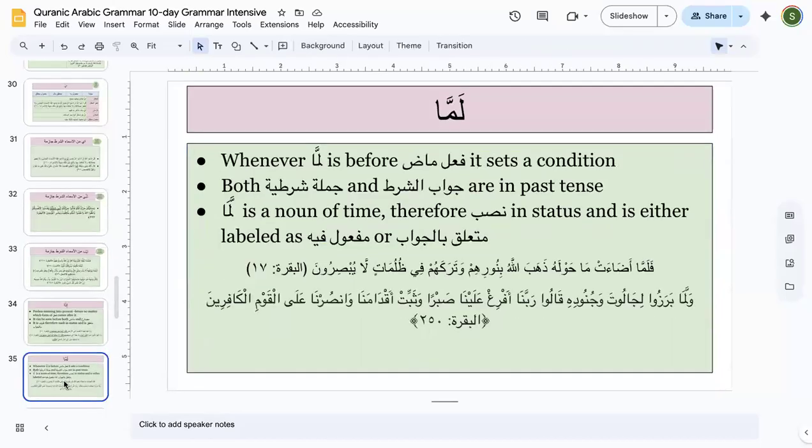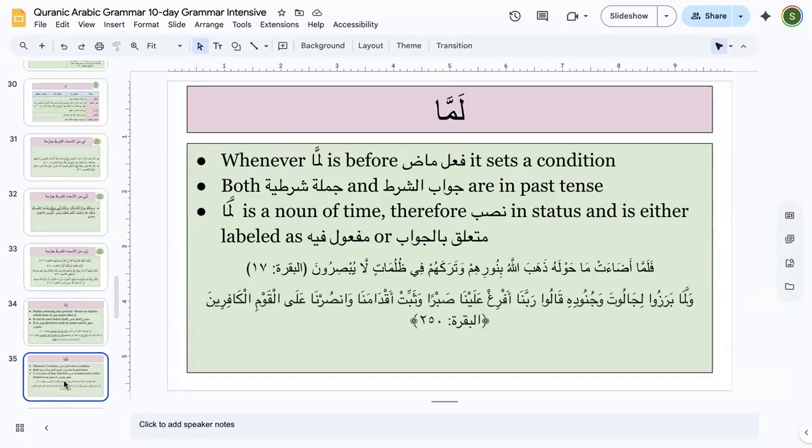Lamma, and any time lamma comes with fail madin, it is your shart ism. It is ismiya shartiya zarfiya. Learn these terms. Ismiya means it is an ism. Anytime it is followed by fail madin, it is an ism. It is shartiya. It is always going to be a tool of condition.